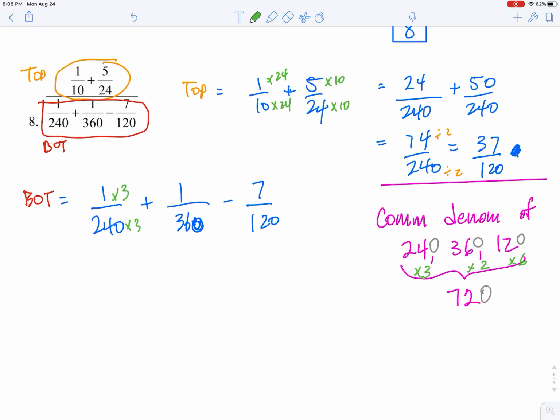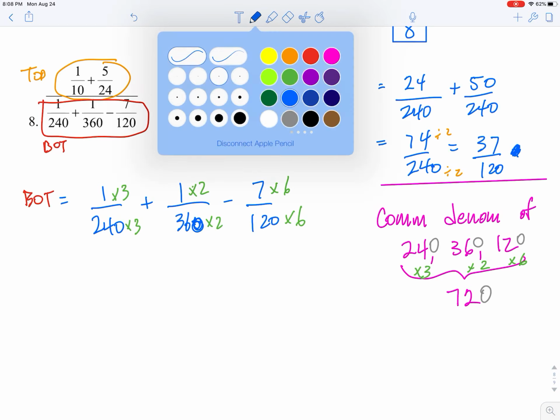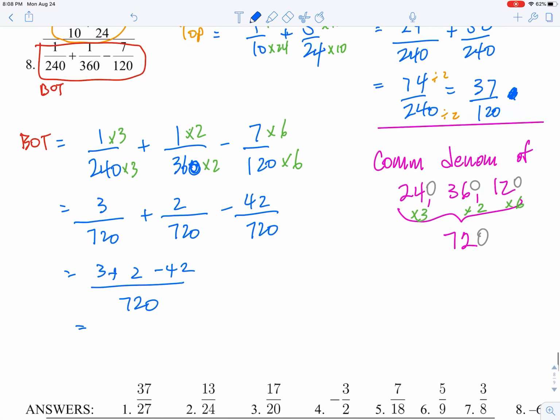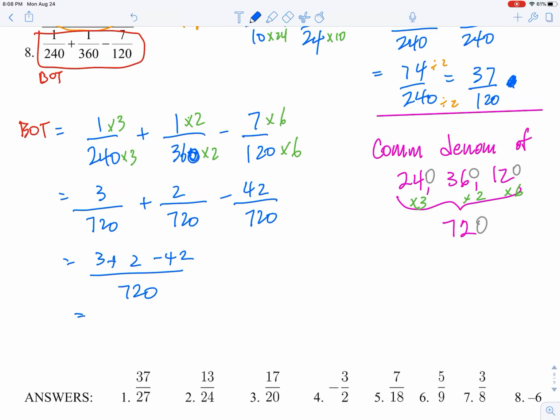So I get 3 over 720 plus 2 over 720 minus 42 over 720. So 3 plus 2 minus 42 is minus 37 over 720.